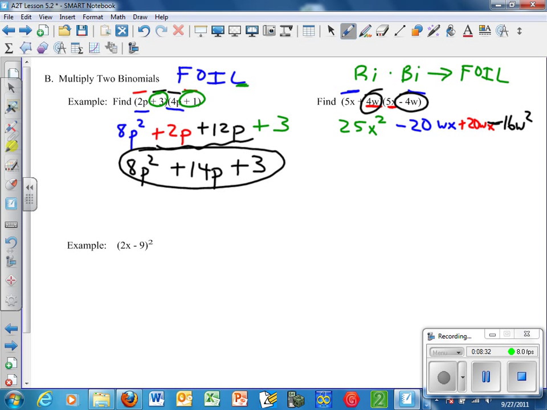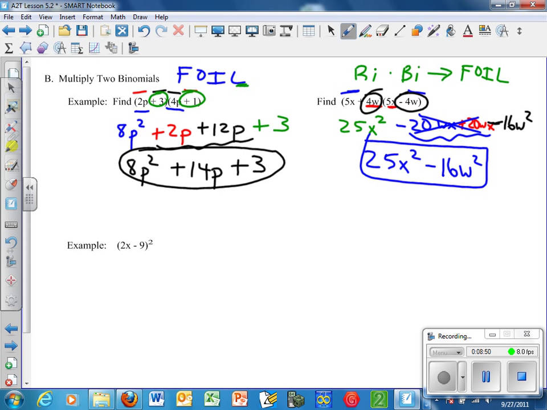Okay? What happens here is these two are like terms because they're both wx. We have minus 20wx plus 20wx. They are opposites. When you add opposites, those terms drop out. So I end up with 25x squared minus 16w squared, which are not like terms, can't combine. So you're left with a binomial or two-term answer.